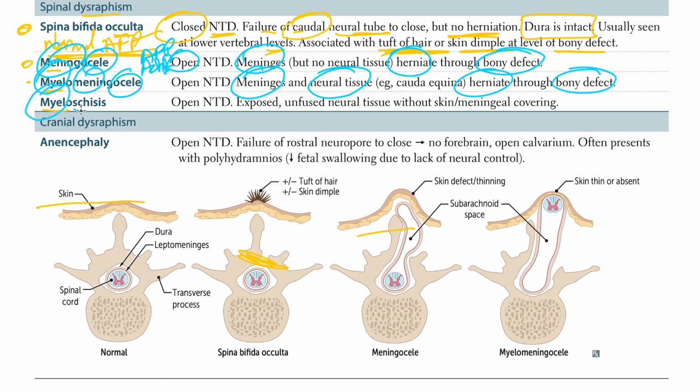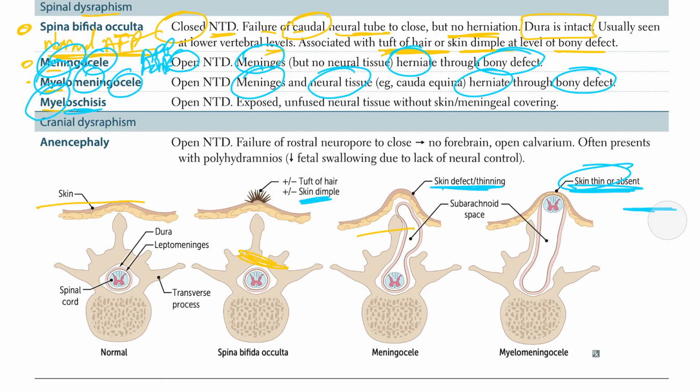Now myeloschisis, this is just exposed. They don't have a picture here, but in the earlier ones you still have skin. Here you had a skin dimple, then a skin-thinning defect, then either skin thinning or absent skin. The next one you don't even have skin.